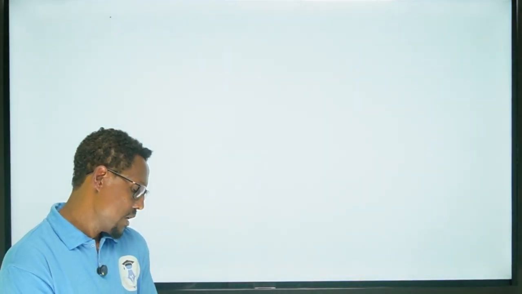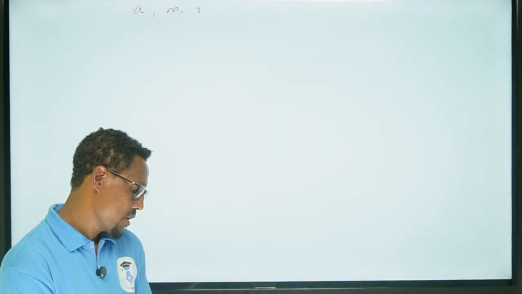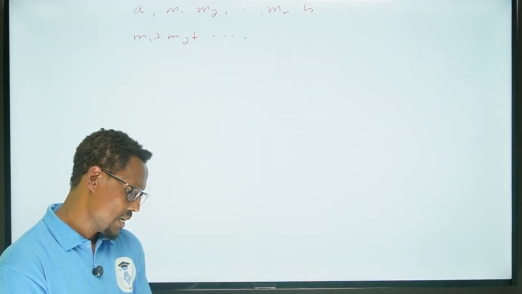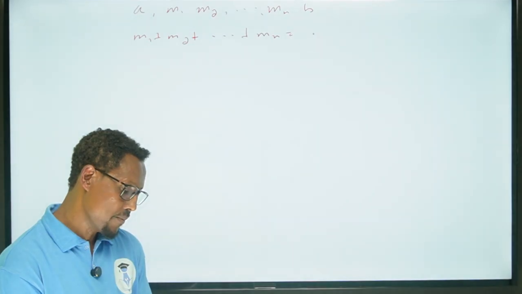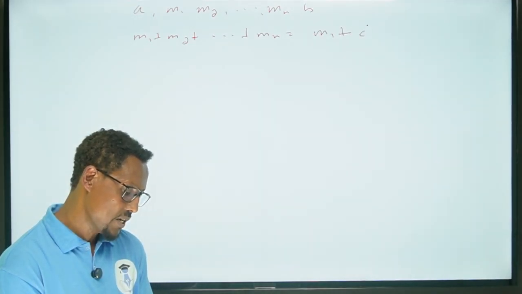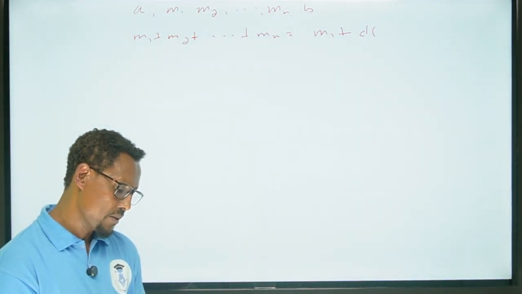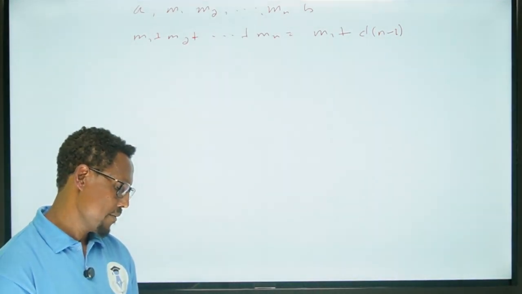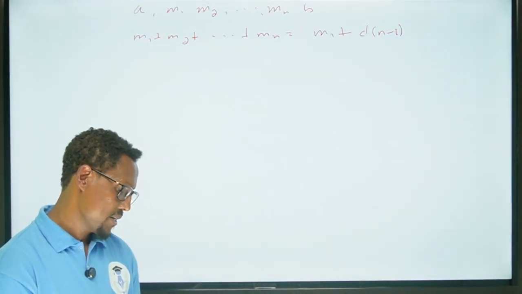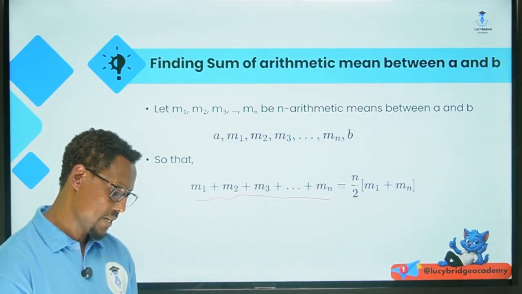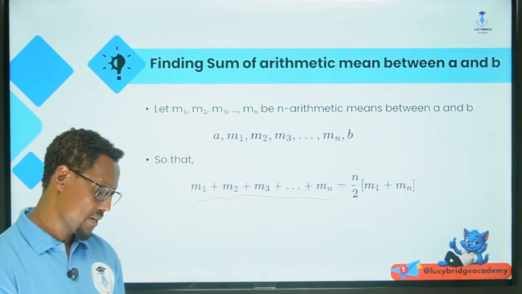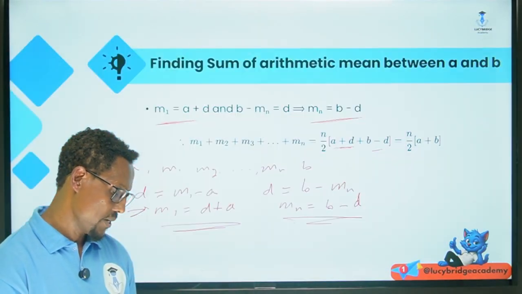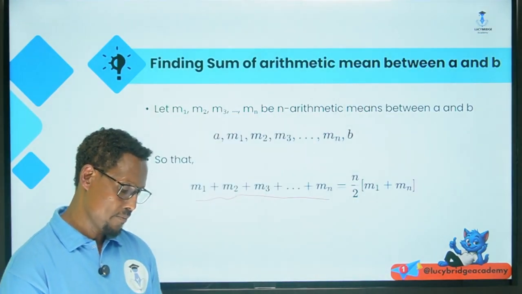Look, our terms are a, m1, m2 continuing, mn, and b, but m1 plus m2 plus mn means the first term m1 plus the common difference d times n minus 1. This is what it means. Here, as we saw at the beginning, it is n over 2 times m1 plus mn, the sum. Okay, sorry, m1 plus mn.